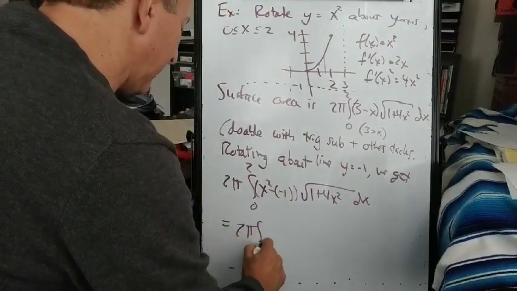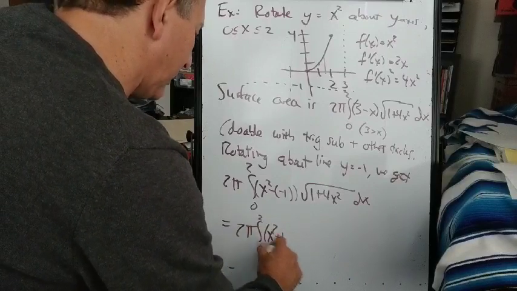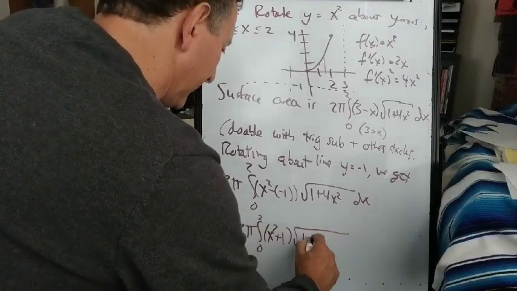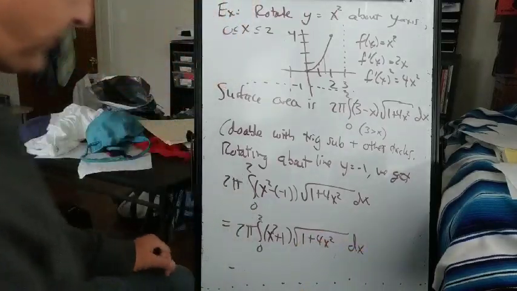So 2 pi, the integral from 0 to 2, x squared plus 1, times the square root of 1 plus 4x squared dx.